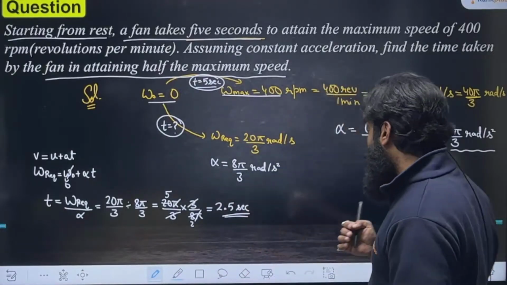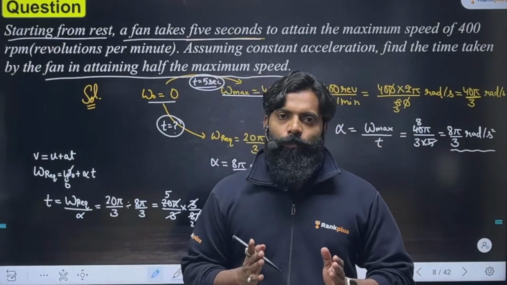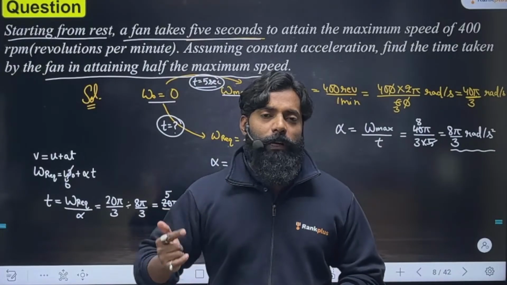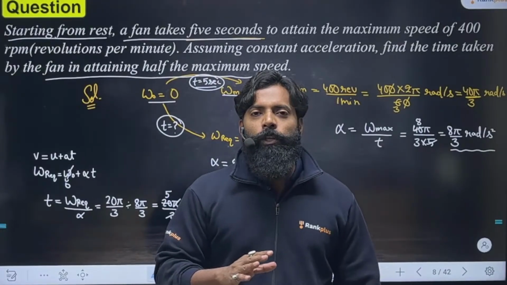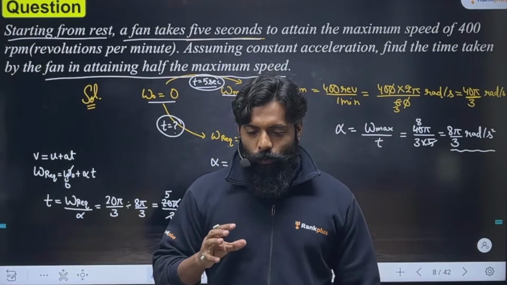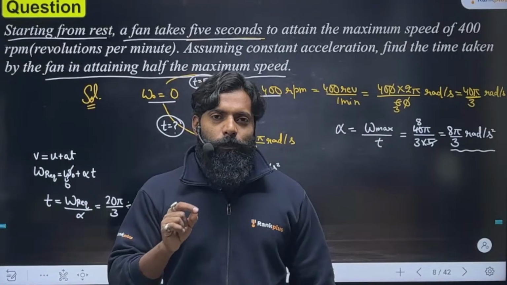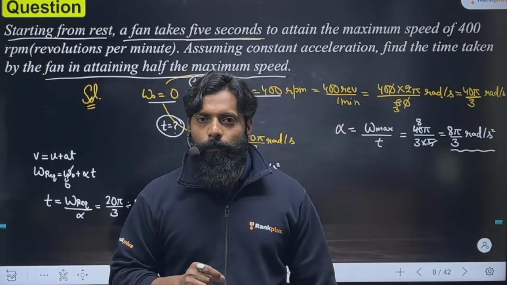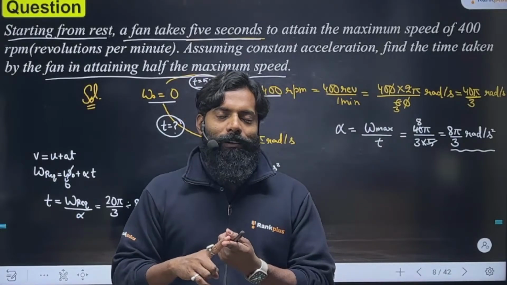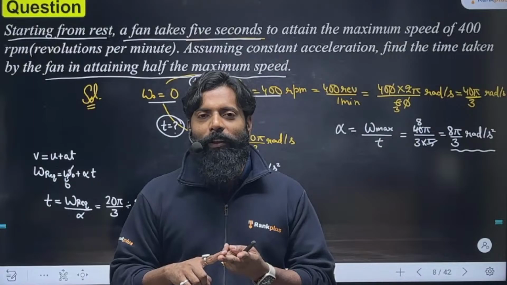First and foremost thing, what is required is to get the approach correct. Because once your approach is correct regarding solving numericals of rotational motion, you'll be able to solve each and every question within a few seconds. When you are seeing a question, the approach must come within 10 seconds. If the approach is not coming within 10 seconds, either you are not trained well or the question is very, very difficult.